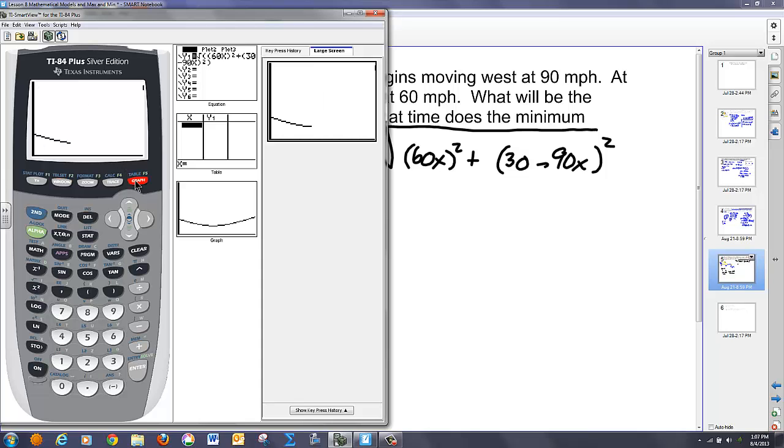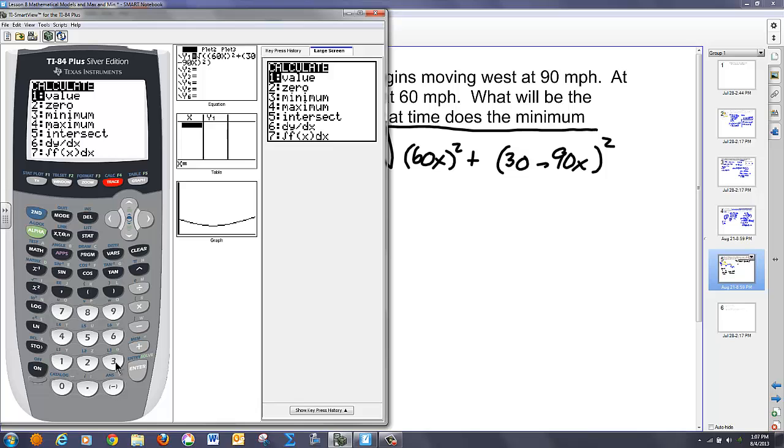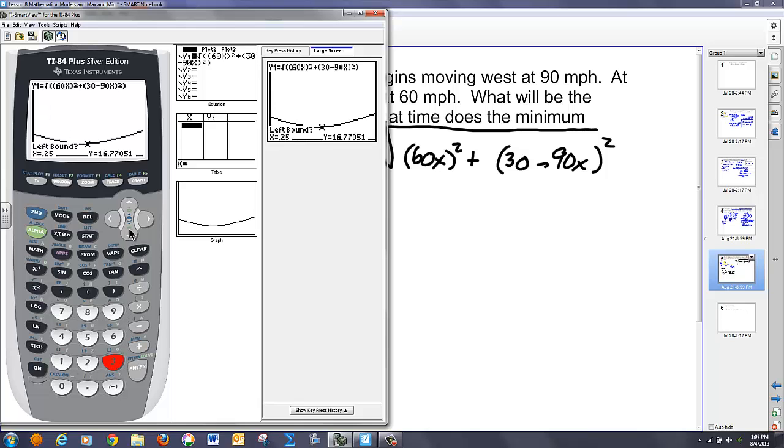Hit graph, and you'll notice I get a curve that shows me some relative minimum value. I want to find that minimum, so I ask my calculator to go ahead and find the minimum. I'm looking at the left of that value first, hitting enter, and then the right of that value, hitting enter again. And when we get our answer, we get an x and y value.